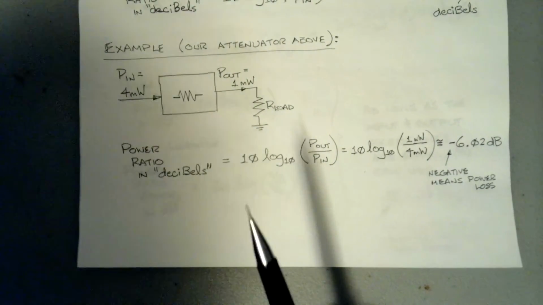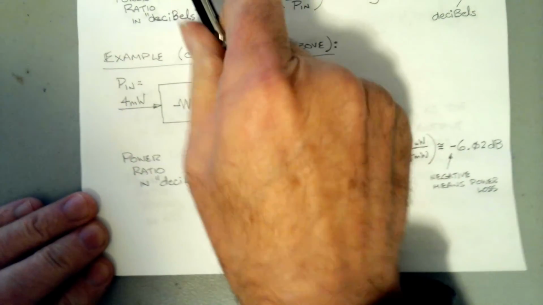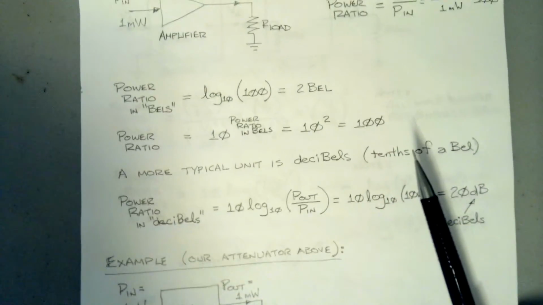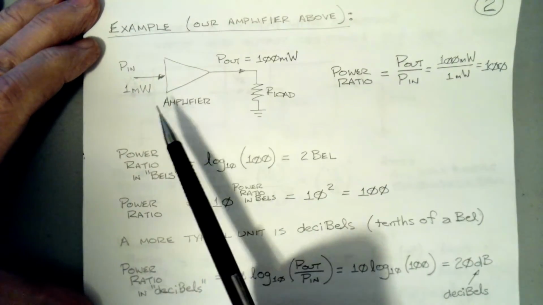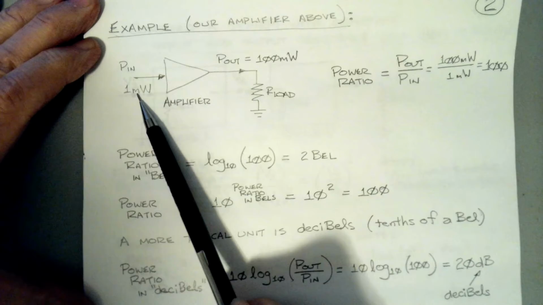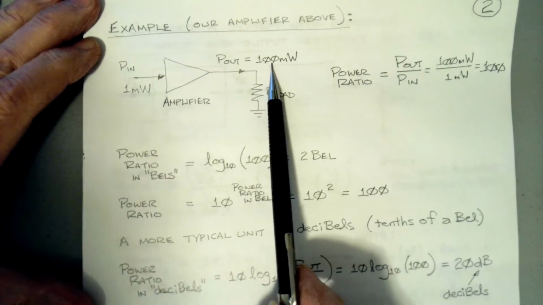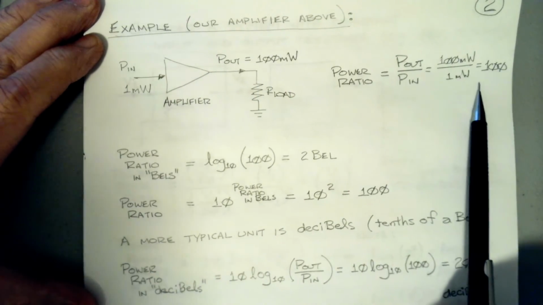If we take a look at our amplifier example, we come in with a milliwatt, we go out with 100 milliwatts, and the power ratio is 100.